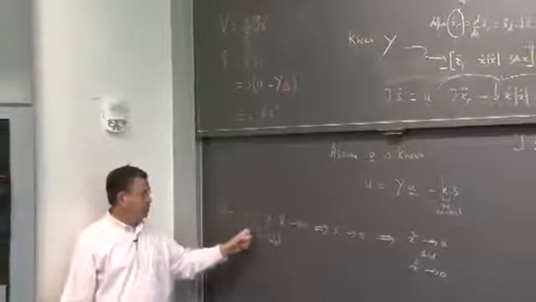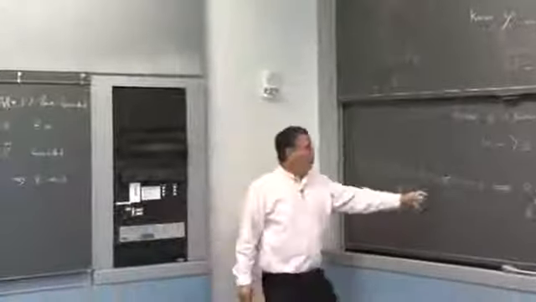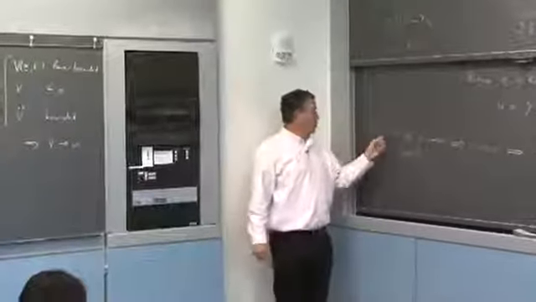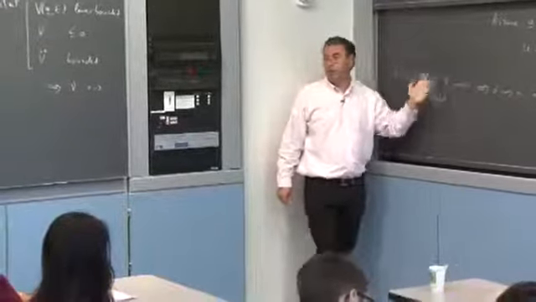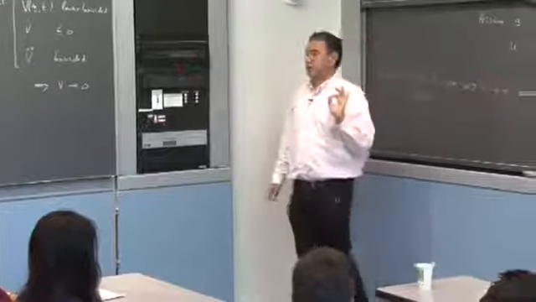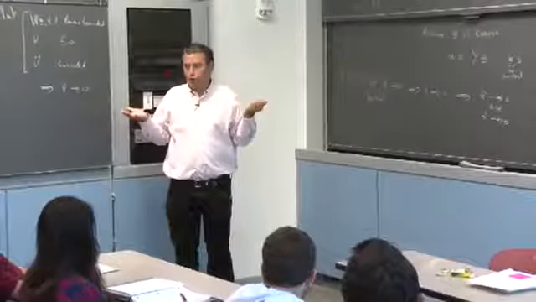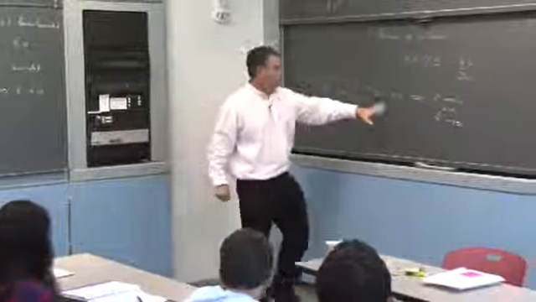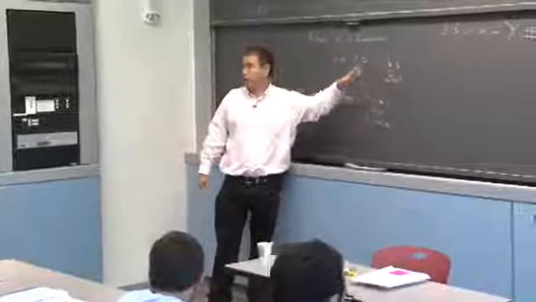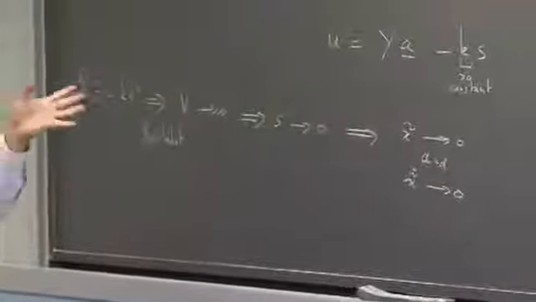V dot equal minus ks square gives us v dot tends to 0, which gives us s tends to 0 because k is positive. And s tends to 0 implies x tilde tends to 0. So if the parameters were known, not surprisingly, we could just cancel the dynamics and replace it by something simple, and we would get the tracking error to tend to 0. Is that fine?